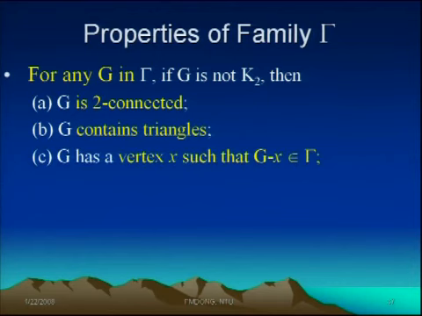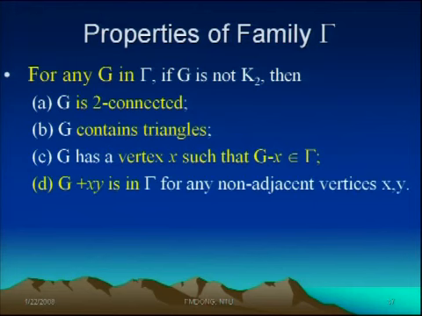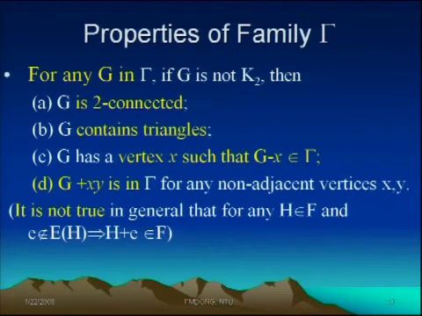And the graph always has a vertex X such that G minus X belongs to gamma. Also, if you add any edge XY, you always get a graph also in gamma. I mean G plus XY is also in gamma for any G in gamma.